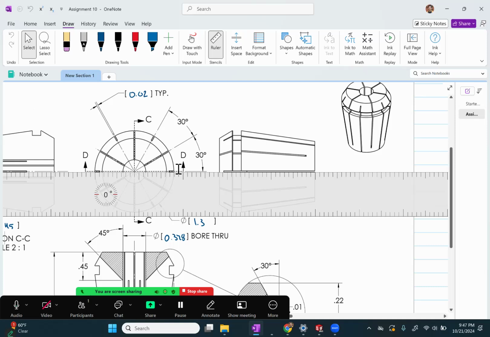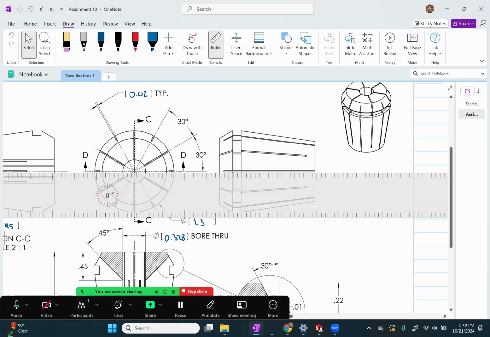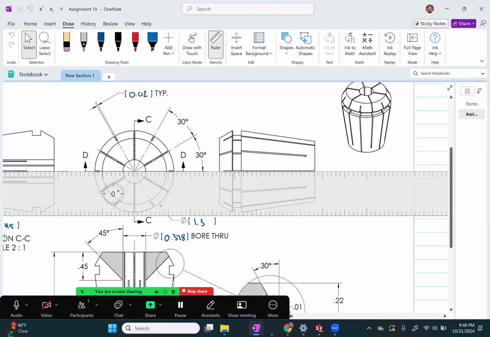If I remember right, it was 18 marks, 5, 10, 15, 16, 17, 18 marks for the outer circle. Now for the inner circle, let's line this up. We got 5, 10, 15 here. So this is 14 and a half about.